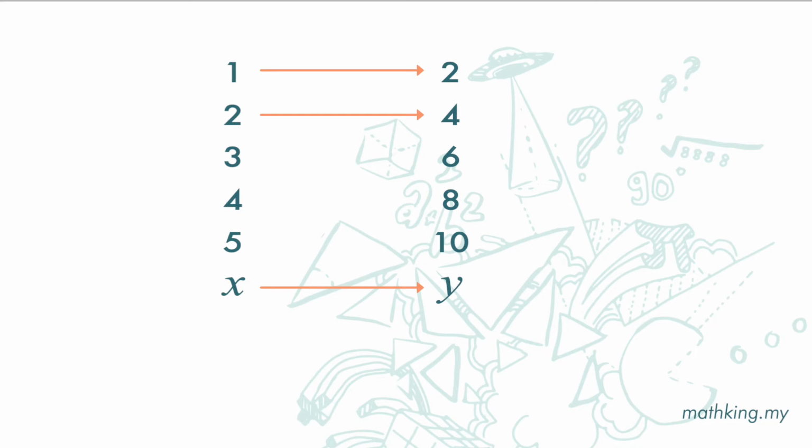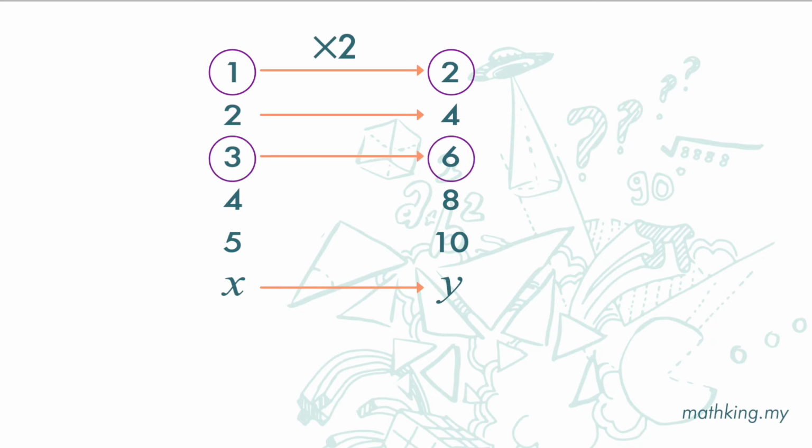But what is the value of y? Let's see. How do we get 2 from 1? We multiply 1 by 2. How do we get 6 from 3? We multiply 3 by 2. So to get y, we multiply x by 2.